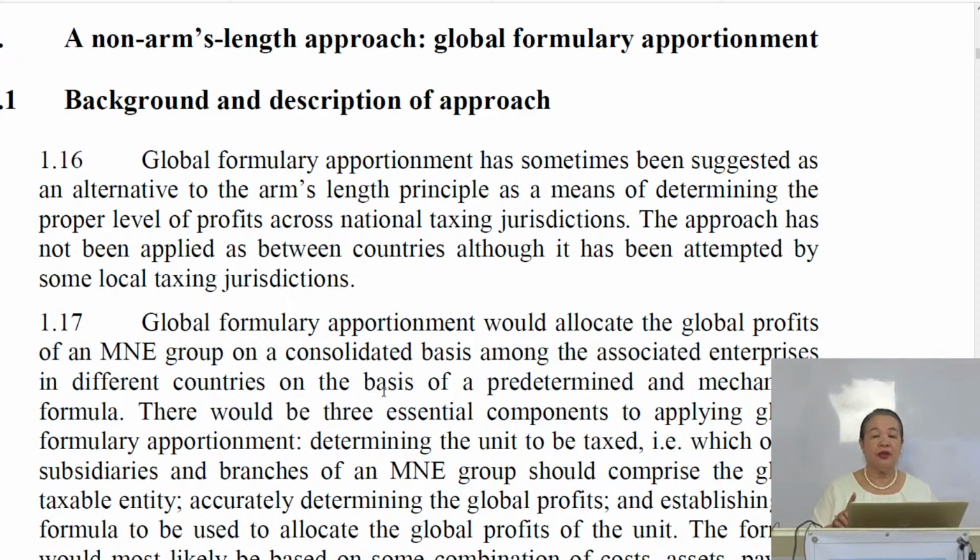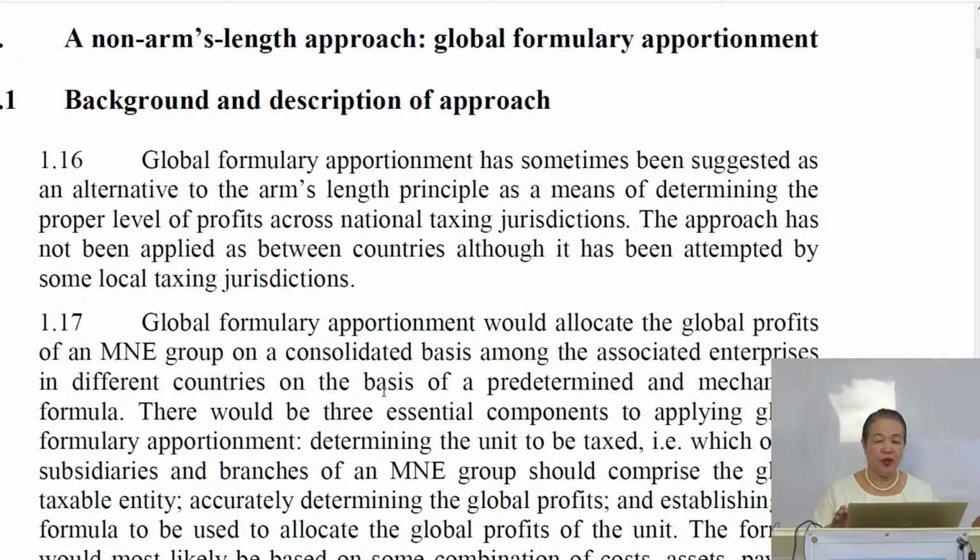Why across national taxing jurisdictions? Because of the advent of globalization. Kailan yan nangyari? Mga 1960s pa. So there is globalization so that doing business worldwide has been practiced, or it opens the market to everybody in the world.